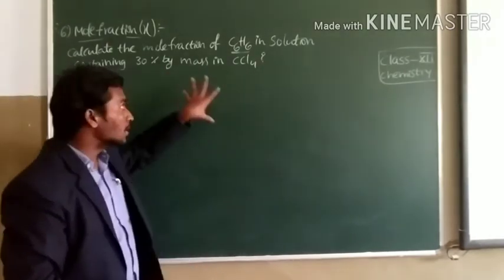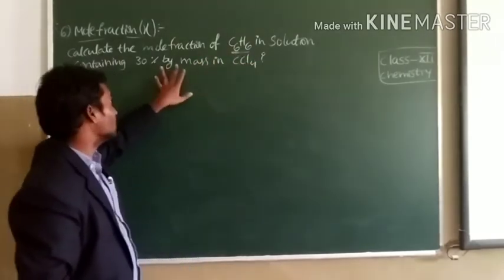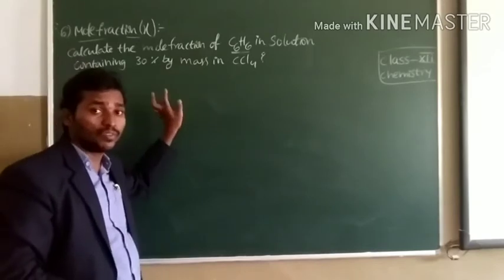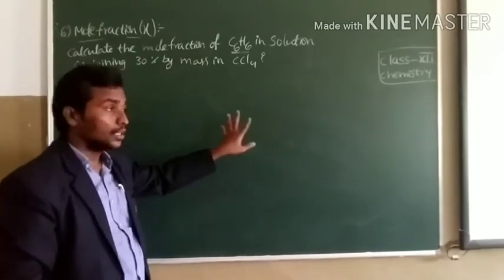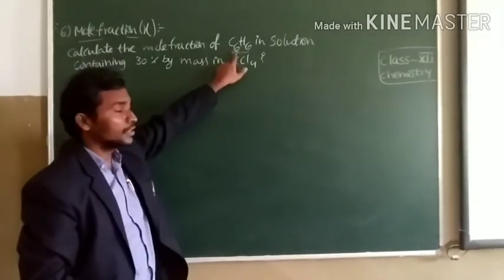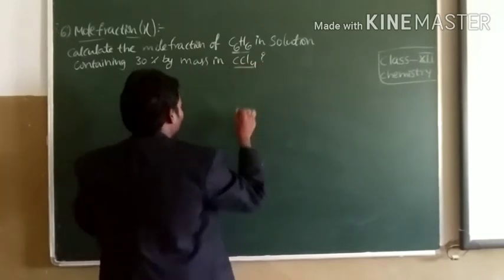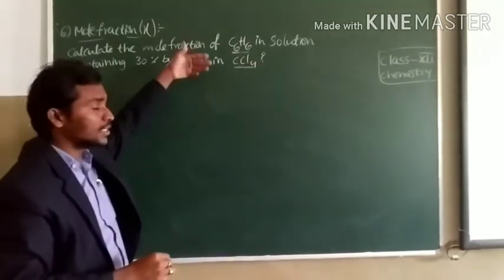That means in the solution the mass of benzene is 30%. 30% by mass means we have to convert percentage into grams, children. This solution is made up of two components: one is benzene and another one is CCl4, carbon tetrachloride. Here we have to find out what is solvent and solute.